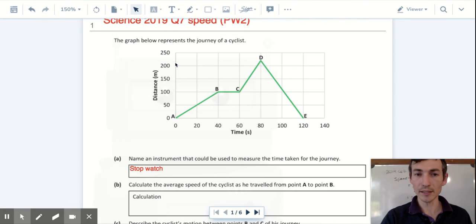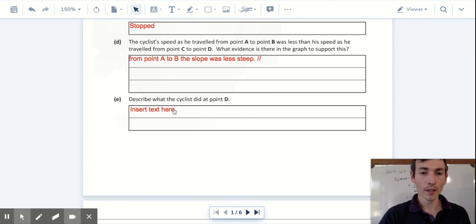So we're really just reading the y-axis. The cyclist turned around and then went back down, let's say to his house or wherever. At D, the cyclist turned around because he was going away and now he's going back down. So the cyclist turned around.